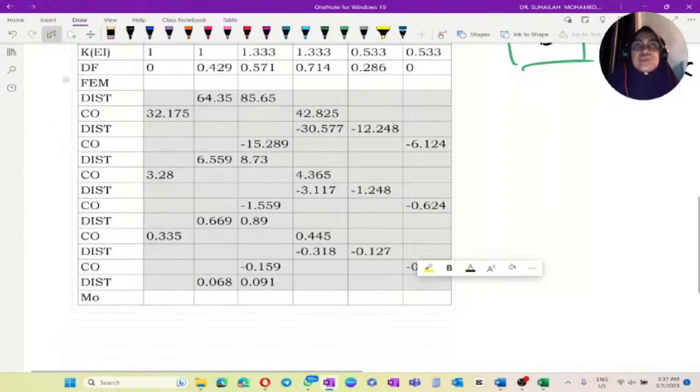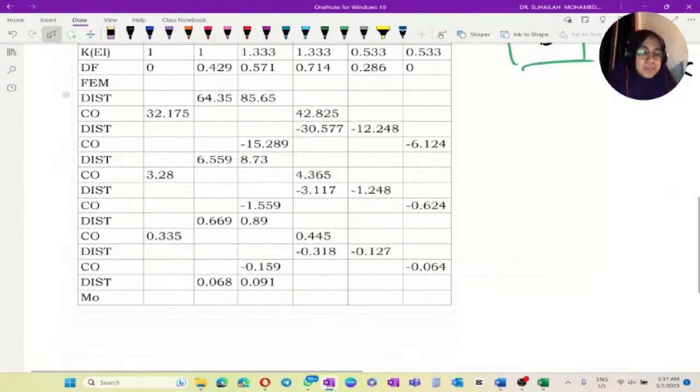We don't need to include 150 because 150 belongs to joint B. Okay, so we total all these. We get 32.175 plus 3.28 plus 0.335, this is 35.79.